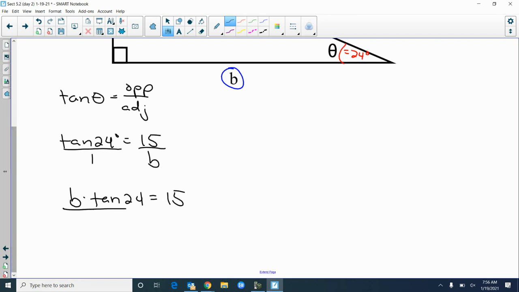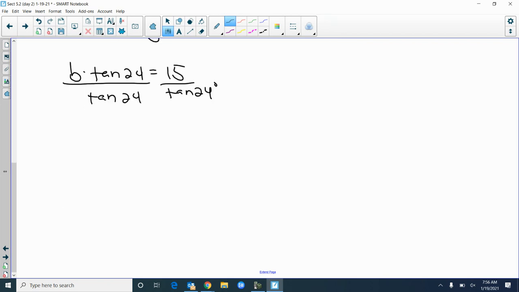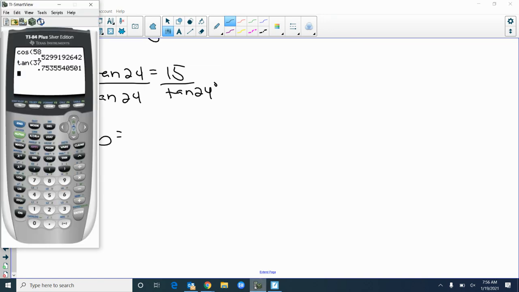Divide by the tangent of 24. And so I get B equals 15 divided by tangent 24.